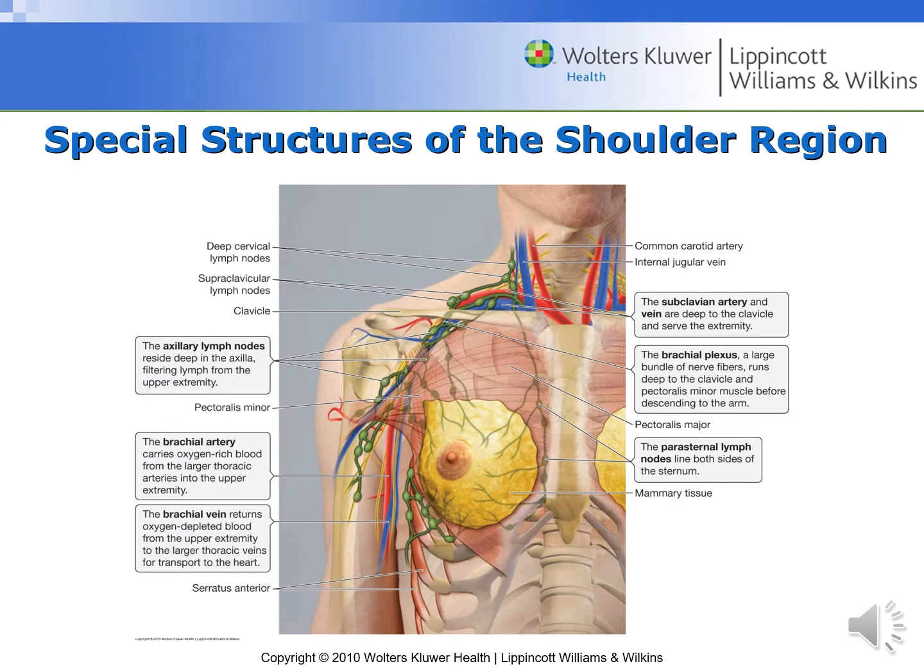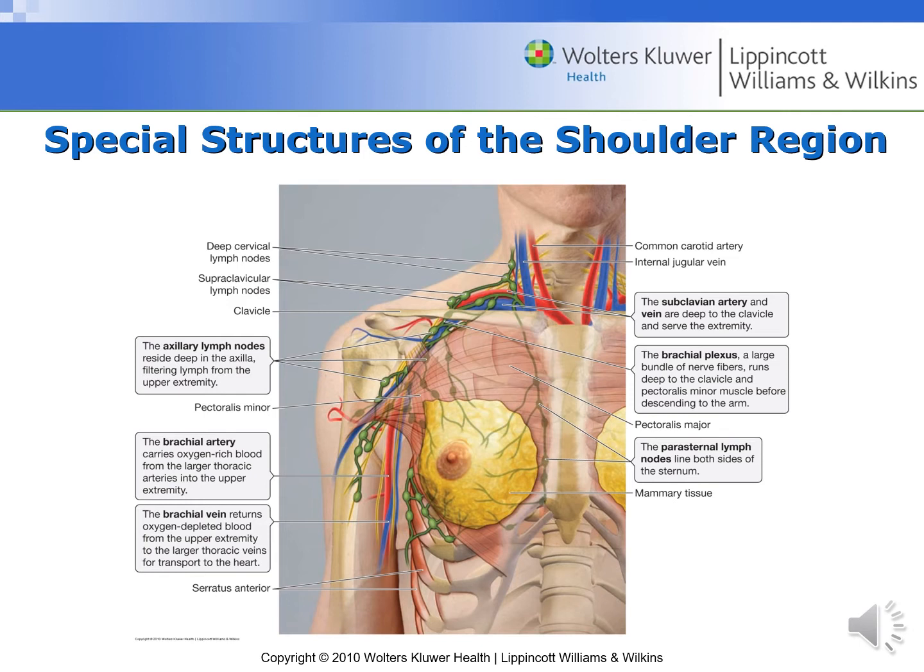There are also some special structures of the shoulder region that we will highlight here, beginning with the common carotid artery, and next to it we have the internal jugular vein. Over to the left, we see the axillary lymph nodes, which reside deep in the axilla, filtering lymph from the upper extremity.